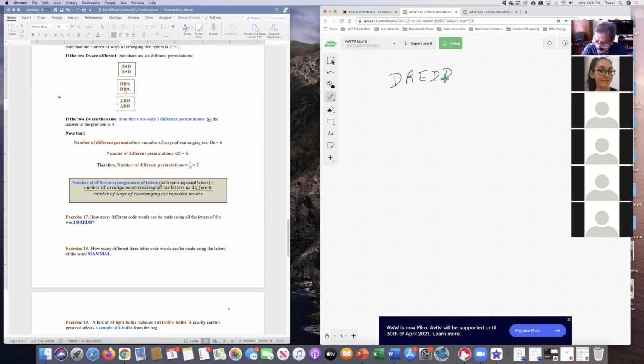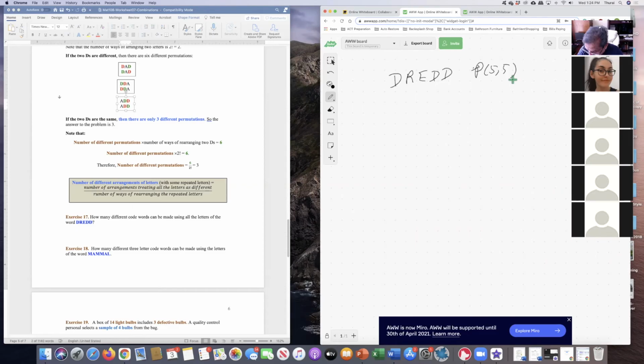DREDD, that's the word. Would it be P(5,5)? Yeah, if you assume that all the letters are different, then this is how many ways there are to rearrange.